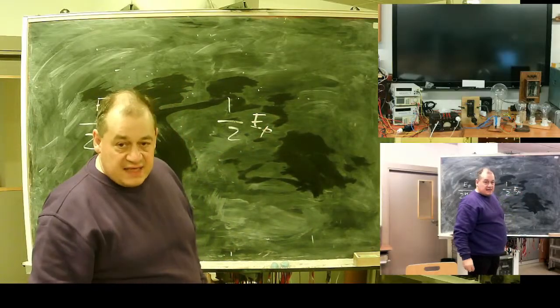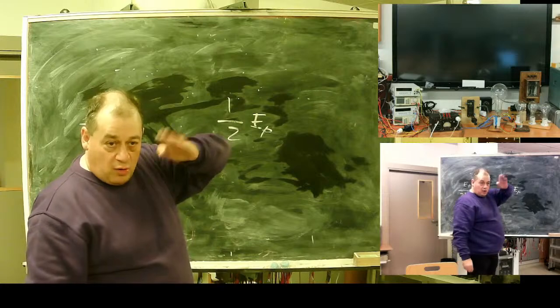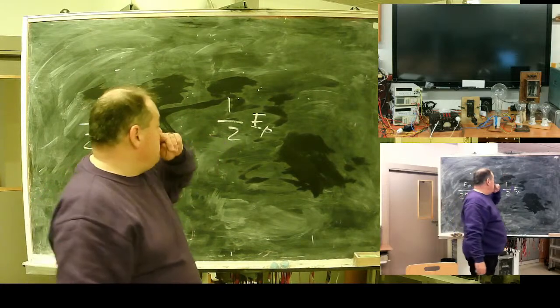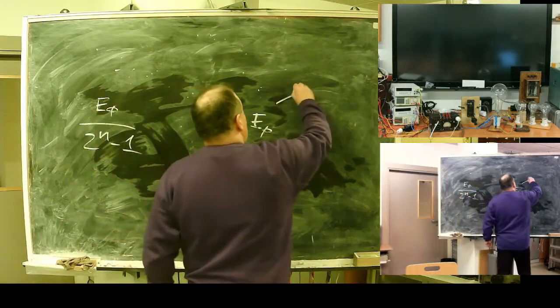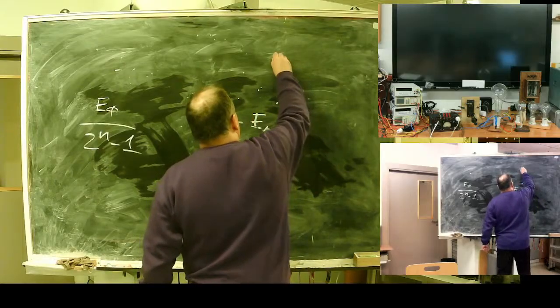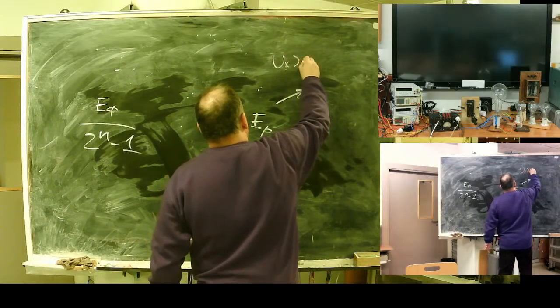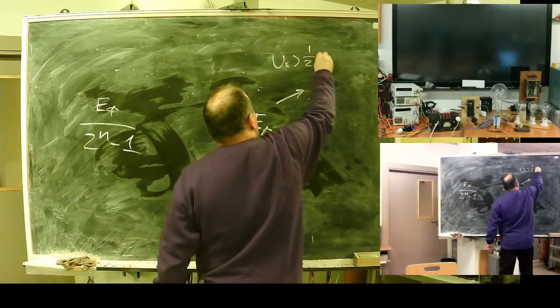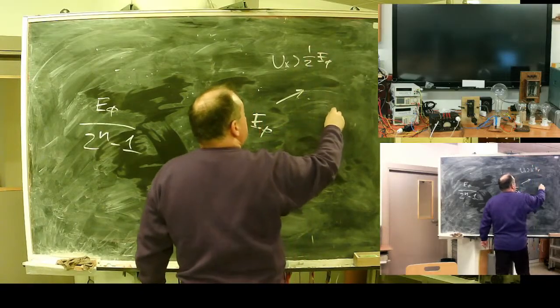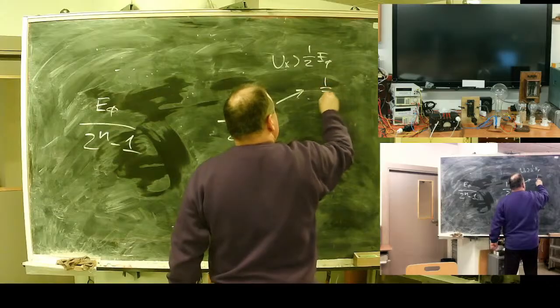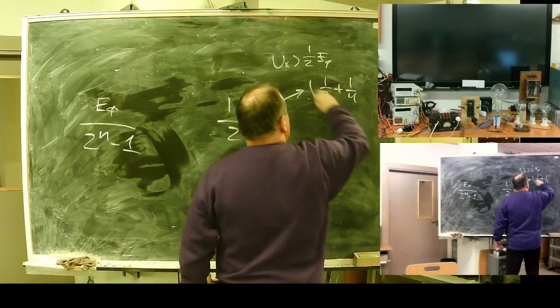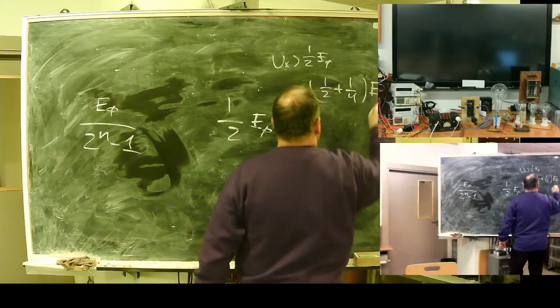It can be lower or greater, yeah? If greater than 1/2 E0, it will be compared to 1/2 plus 1/4 of E0.